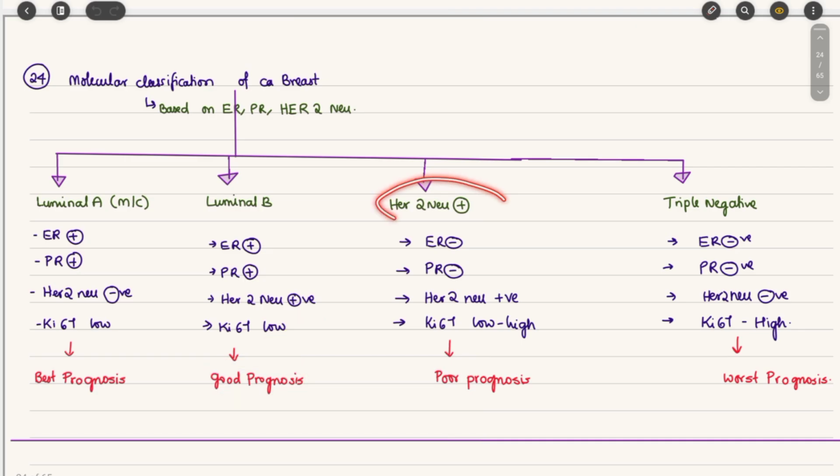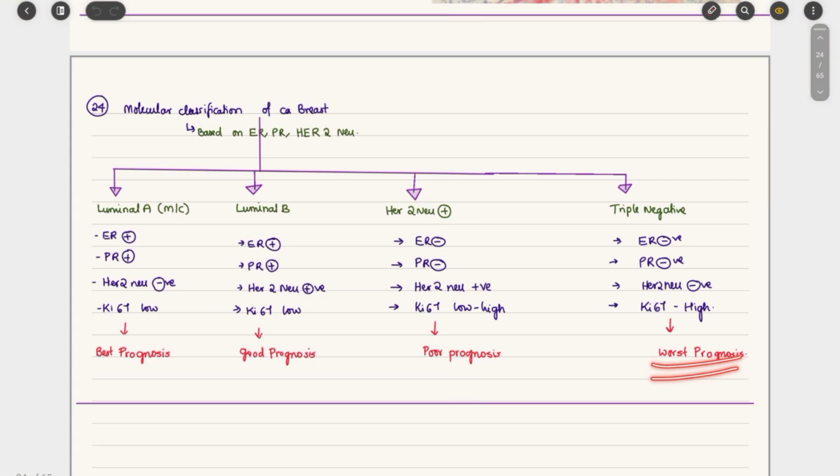Whereas HER2 neu positive is ER, PR negative, but HER2 neu is positive, whereas the proliferation index is from low to high, it has a poor prognosis. Coming to the triple negative, all the three are negative, but the Ki67 is very high, so it rapidly divides. So it has the worst prognosis.